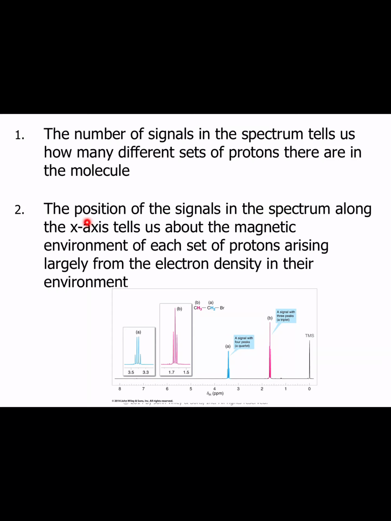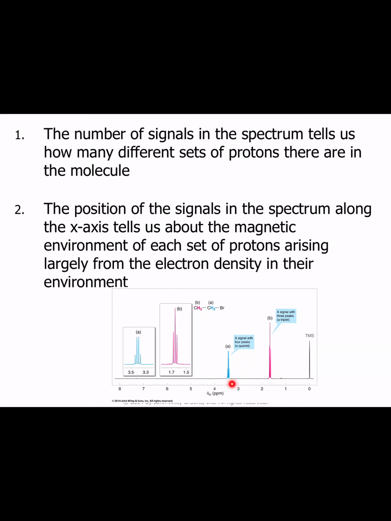Okay. And this position, why the blue is between 3 and 4, why the red hydrogens are between 1 and 2. The position of the signals in the spectrum along the x-axis tells us about the magnetic environment of each set of protons, arising largely from the electron density in their environment.